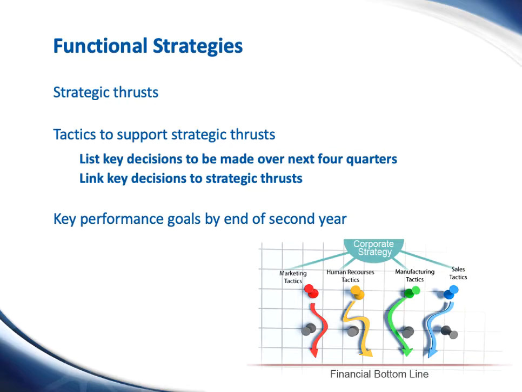And you need to make sure that there is a link between the decisions you make tactically and how they support the overall strategic thrust. It is very important that for each functional strategy, you have key performance goals noted that you want to achieve by the end of the second year. That improves the trust of the venture capitalists in your preparation and that you really know what you're talking about.